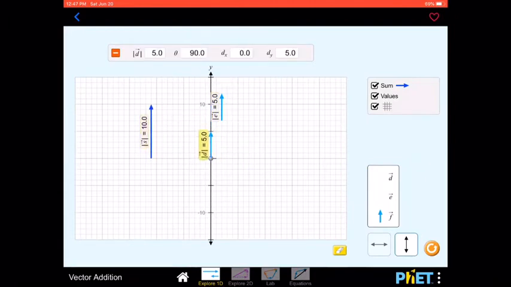In this case, D is 5 and E is 7, so the sum is 12. That's a vector, and that is going in the upward direction.